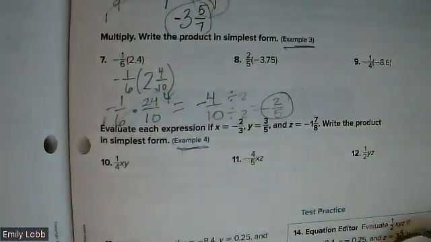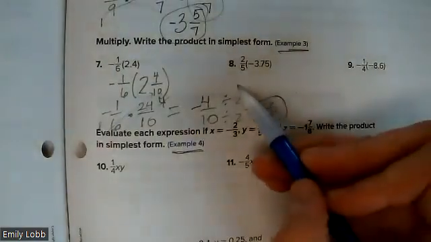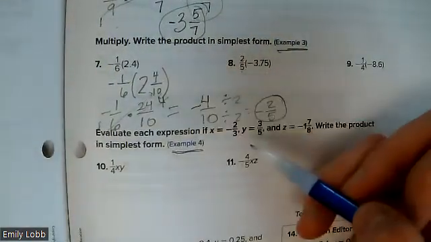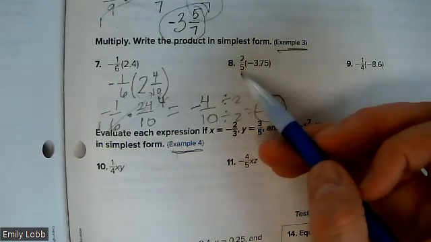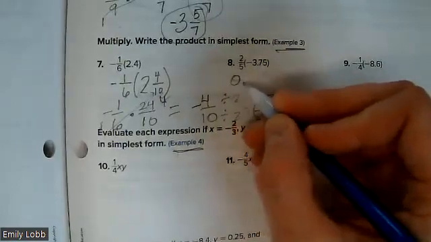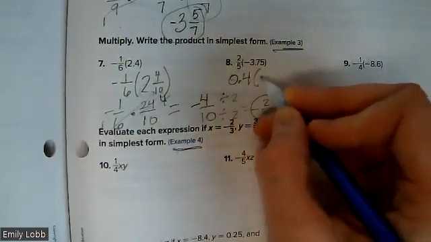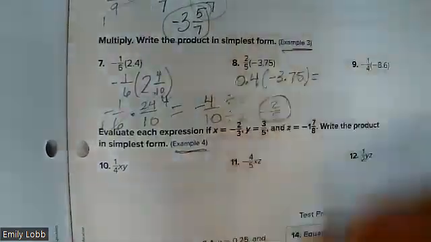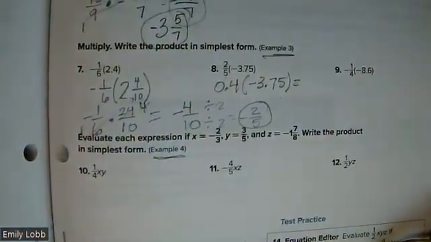Now here, you could change to a decimal. You could say 2 divided by 5 in your calculator, or you could say 2/5 is equal to 4/10. So guess what? This is 4/10 times negative 3 and 75/100. So you can leave this as decimals.